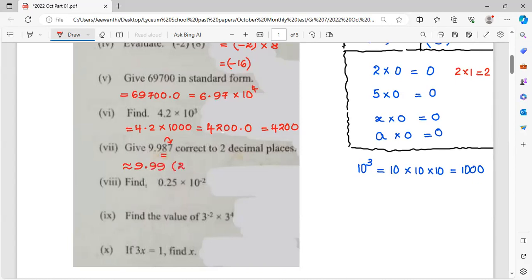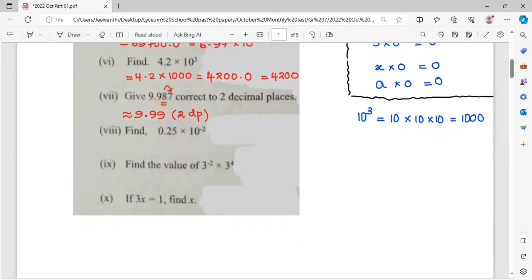Inside the bracket, I write 2 dp. That means 9.99 is when we correct to the second decimal place, right? So then we will move to the next question, that you want to write maybe 1 dp or 2 sf. When it comes to the significant figures, always you want to show it inside the bracket. So then we will move to the next one.